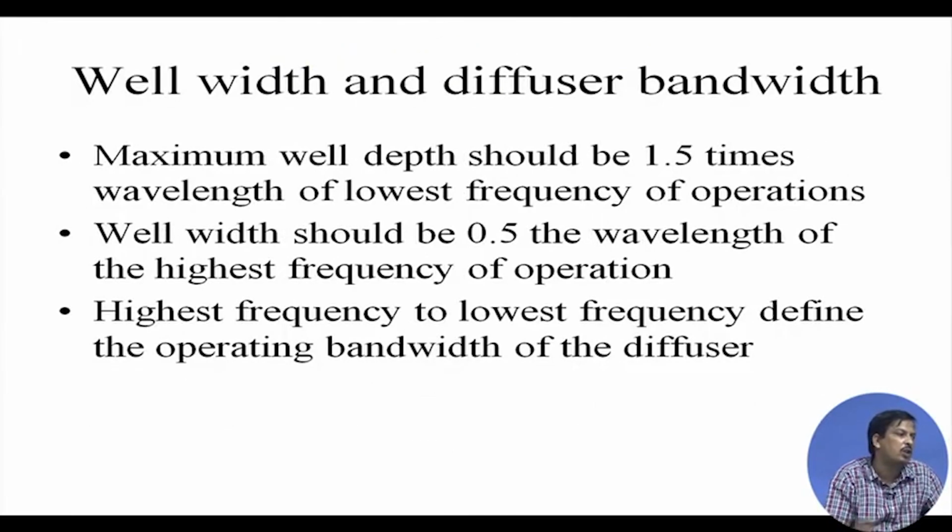that equation. So, the maximum well depth should be 1.5 times the wavelength of the lowest frequency, because if it supports the lowest frequency, it will support the highest frequency. So, the maximum well depth should be 1.5 times the wavelength of the lowest frequency of operation of the auditorium. If it is a music studio, a music auditorium, then it is 30 hertz.